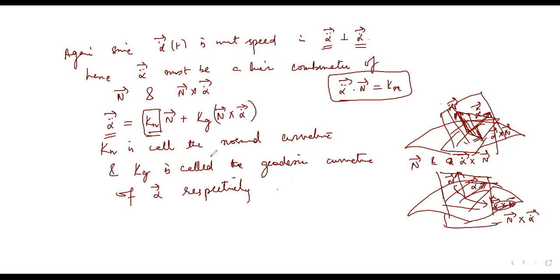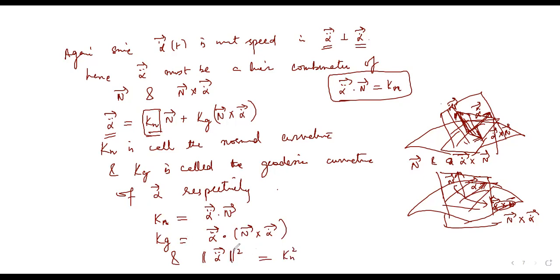So k_n, as I just wrote, is the dot product with N, so it is alpha double dot dot N, and k_g is of course alpha double dot dot N cross alpha dot. And of course the norm of alpha double dot squared, which is the dot product with itself, can be easily checked to be k_n squared plus k_g squared, because these are mutually perpendicular vectors.